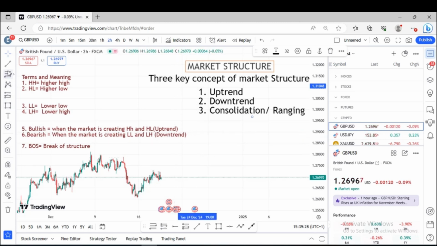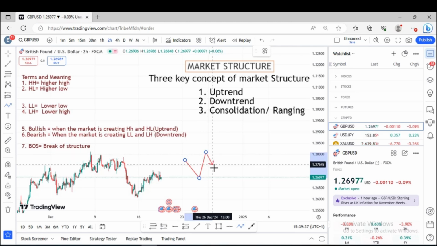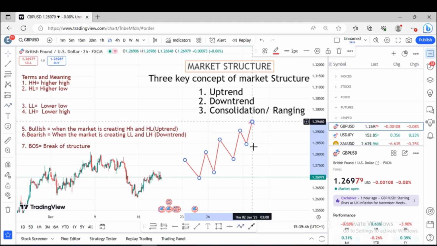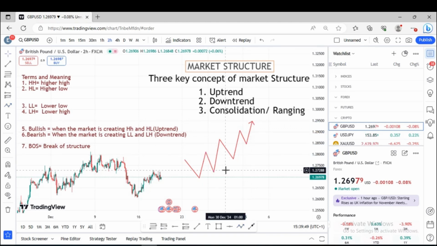So here, when the market is moving in this pattern, that means the market is in an uptrend direction.